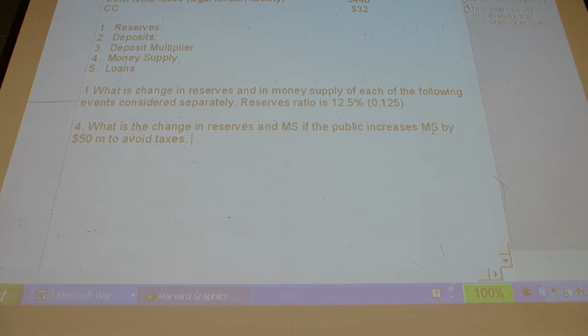Now this one you probably mess up. Don't. What is the change in money supply? Oh, no, reserves fall by 50 million. What's the change in money supply?